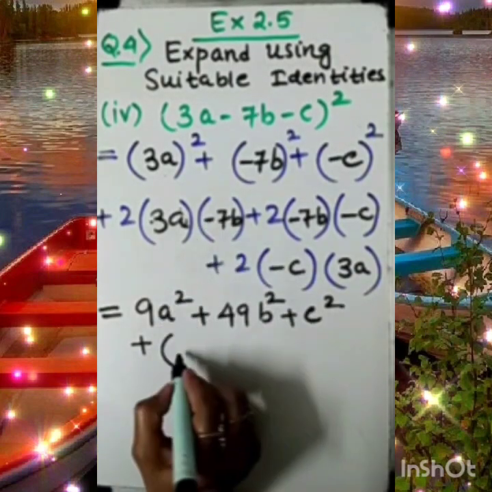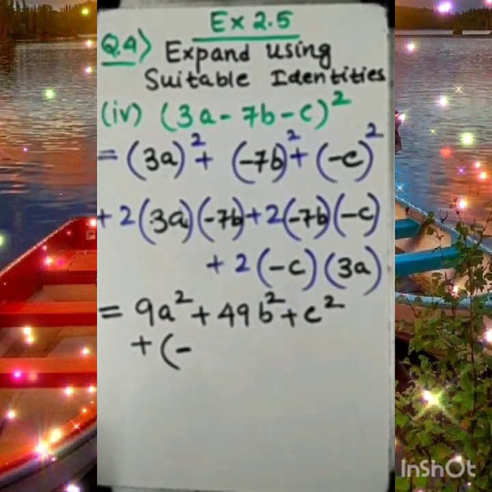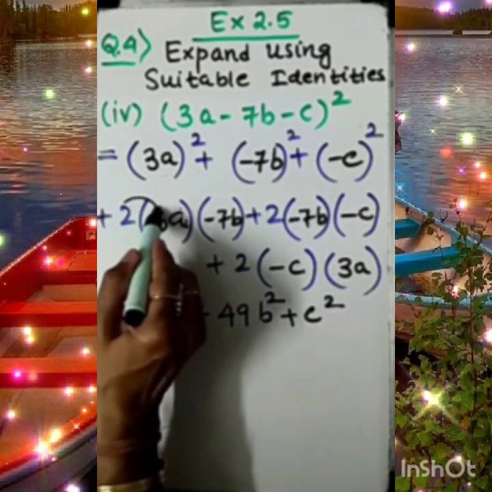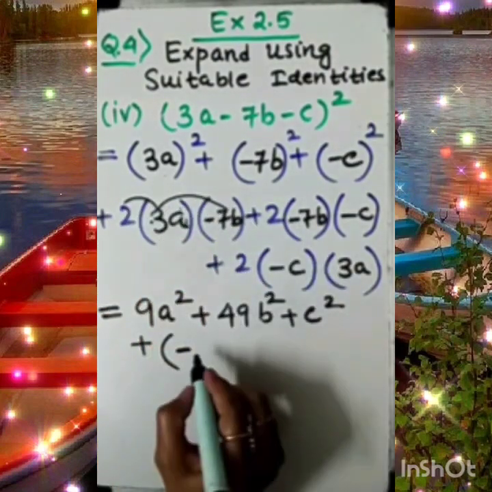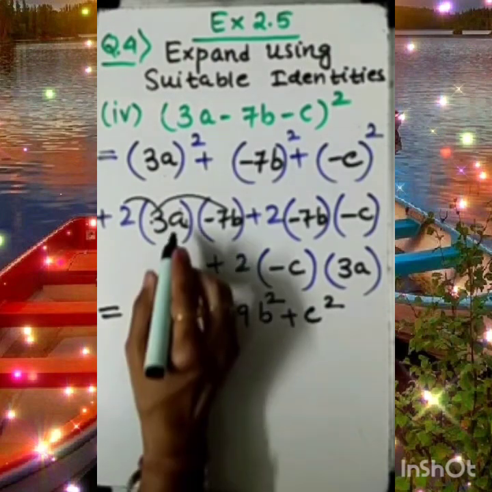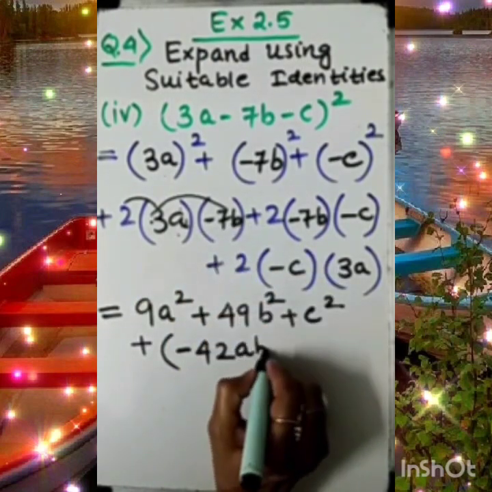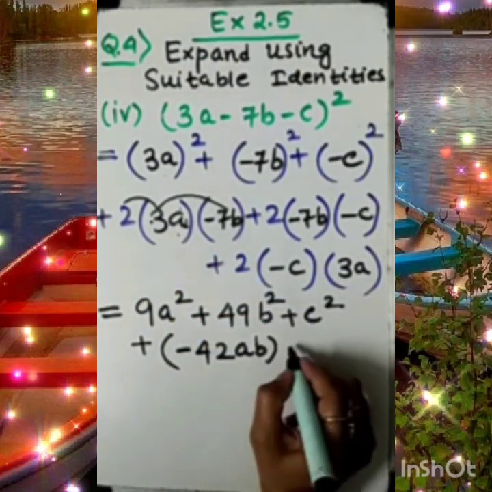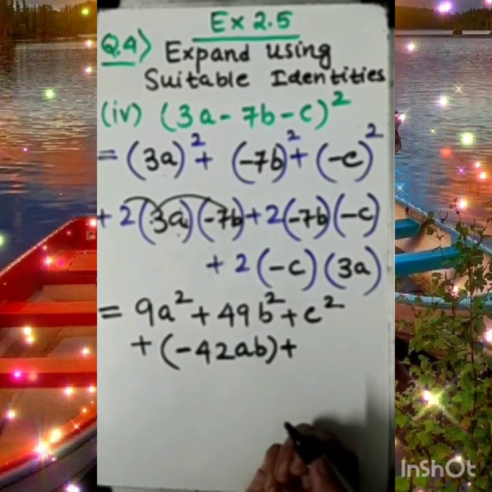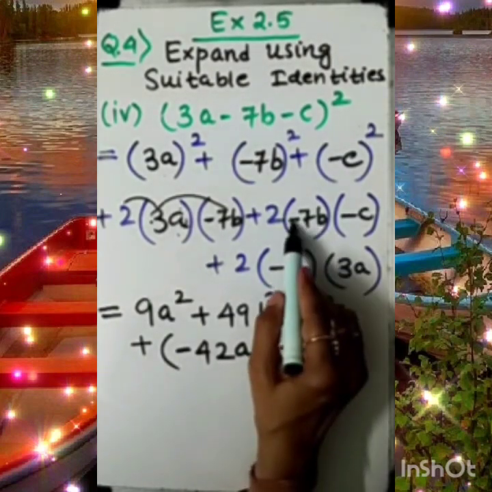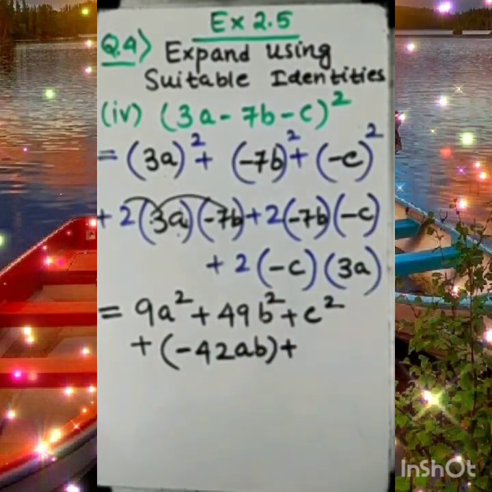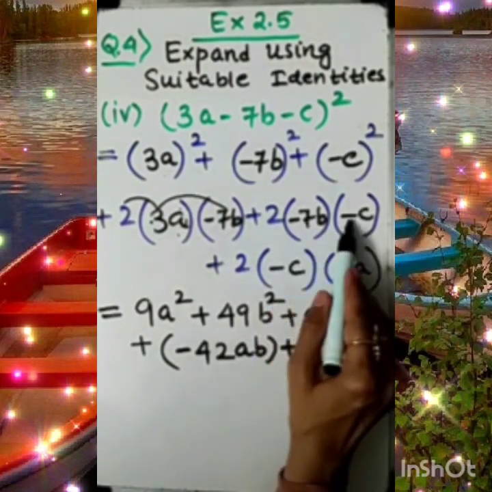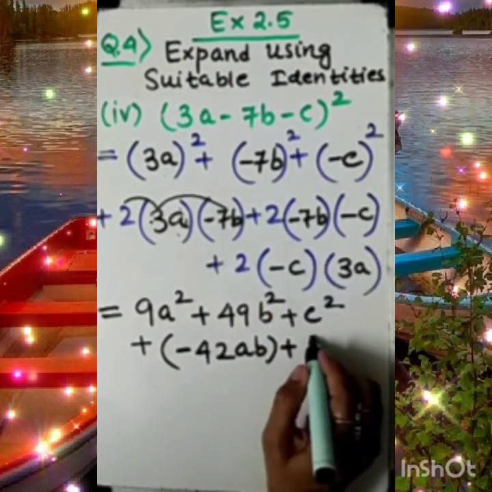Now dear student, next step, plus I am writing here. Here it is a minus sign, so let me write minus here. 2 3s are 6, 6 7s are 42, 42 a into b, that is ab. Plus, now here minus 2 times, while multiplying minus will become plus.